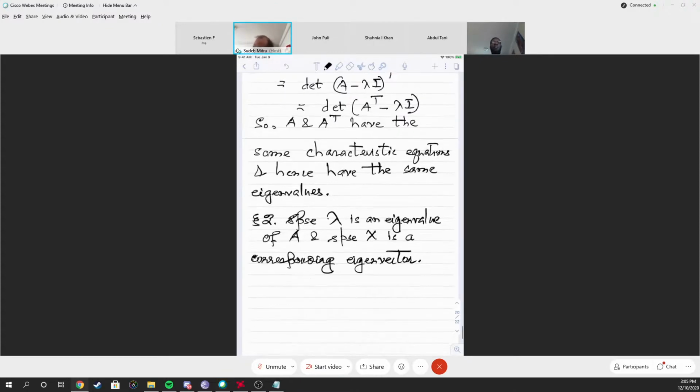Show that 1 upon lambda is an eigenvalue of A inverse, and X is the corresponding eigenvector.